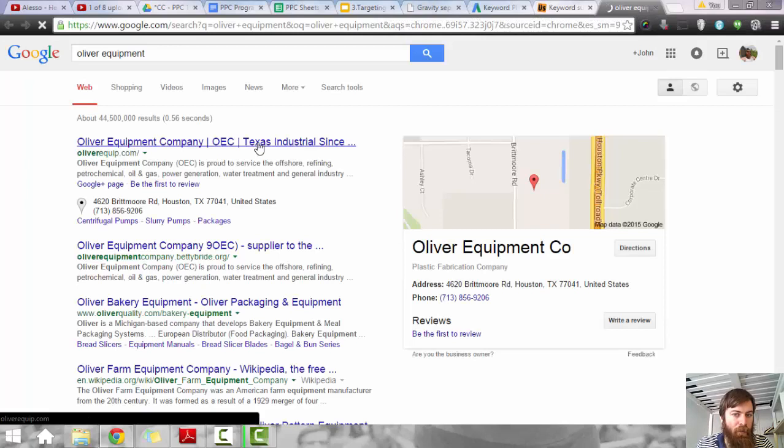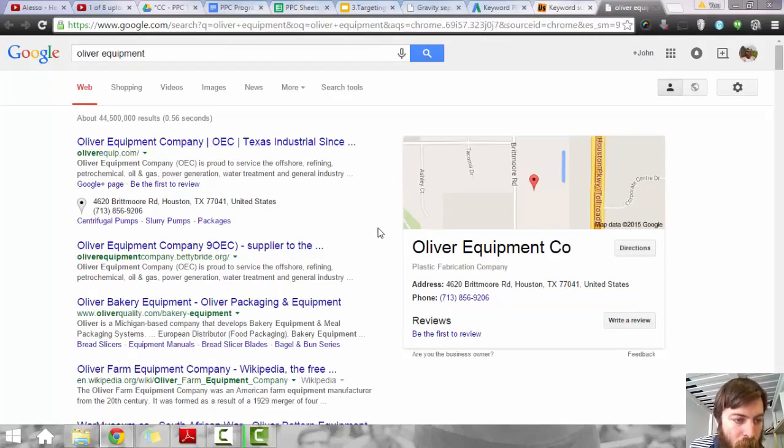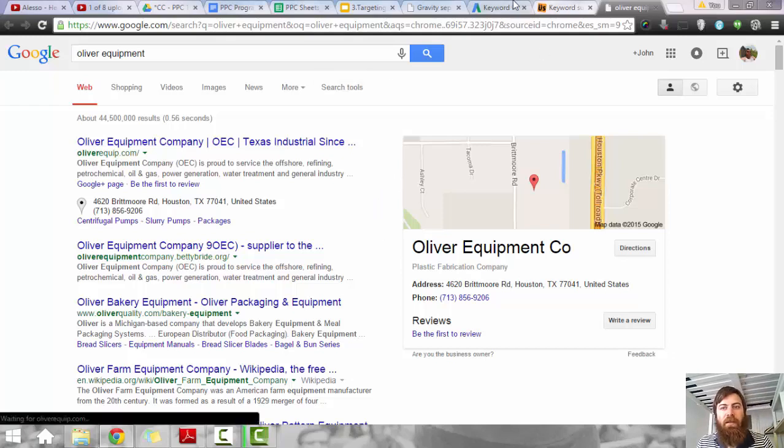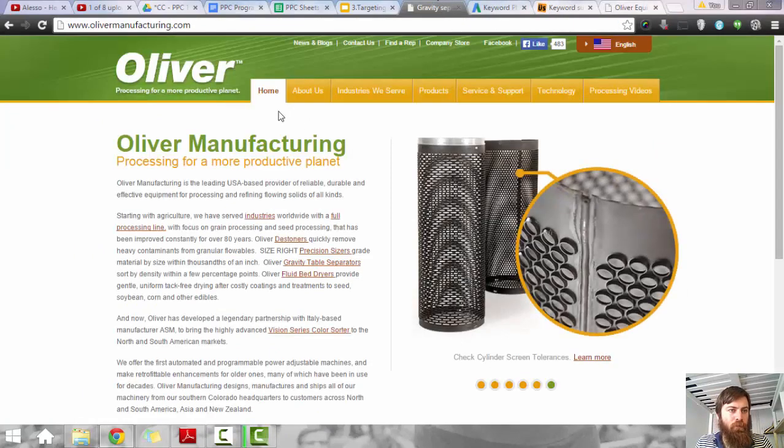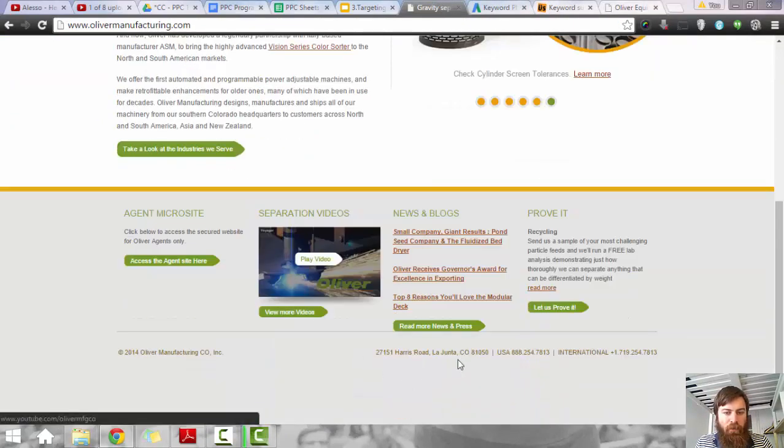Oliver Equipment Company. And this looks like a different company from Oliver Manufacturing because it's based in Texas, whereas the other company was based in Colorado.